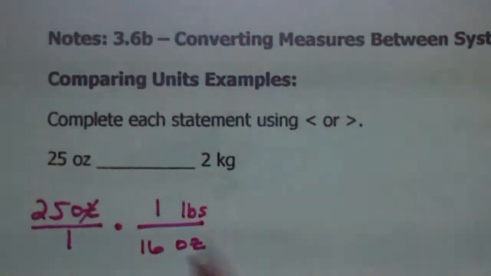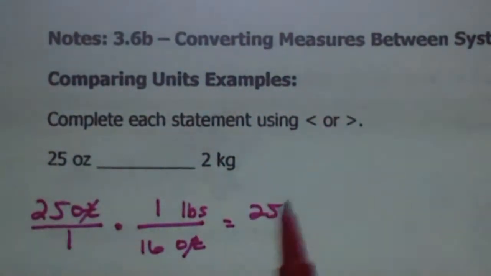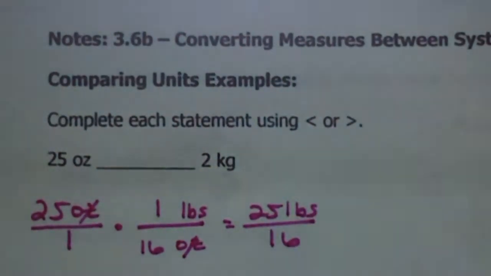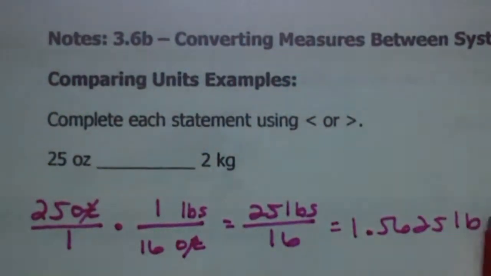Alright, so ounces are gone, and 25 times 1 pound is 25 pounds, and 1 times 16 is 16, and when you take your 25 divided by 16, we get 1.5625 pounds.